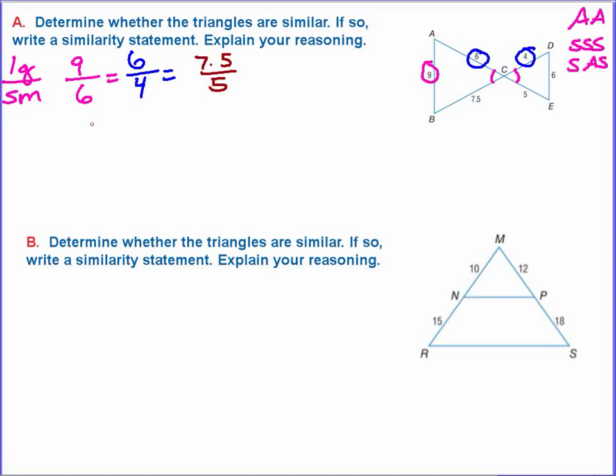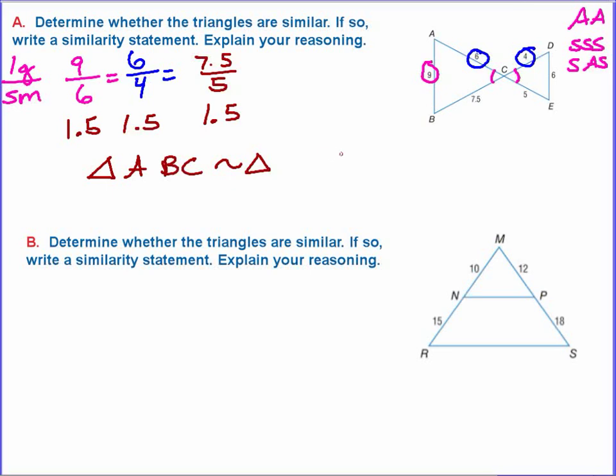Now if I wanted to do it by side-side-side, I would have to use all three of these. They all come out to 1.5 when you divide them out. And because they are all the same, that means the ratio is the same, the scale factor is the same, so they are similar. So triangle ABC is similar to triangle, and it was AB.